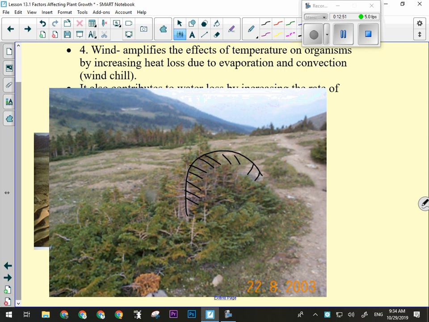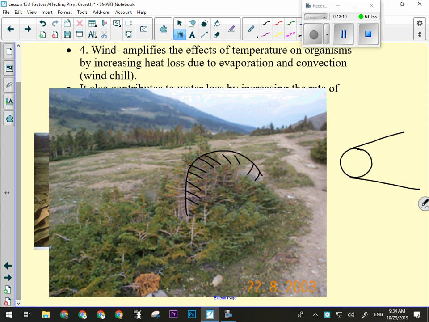Why would it do that? Yeah, they don't break off. If you look at it from the top, here's the trunk of the tree. It creates a windbreak for the rest of the tree.